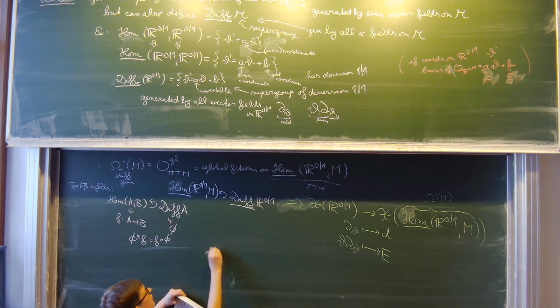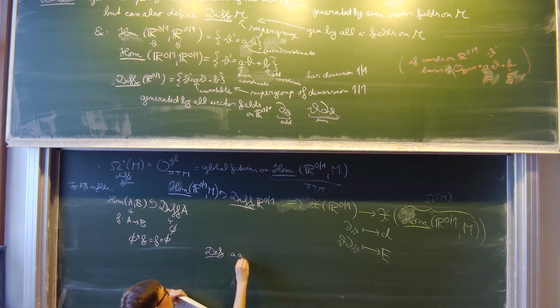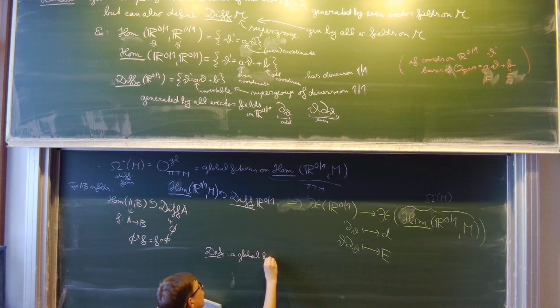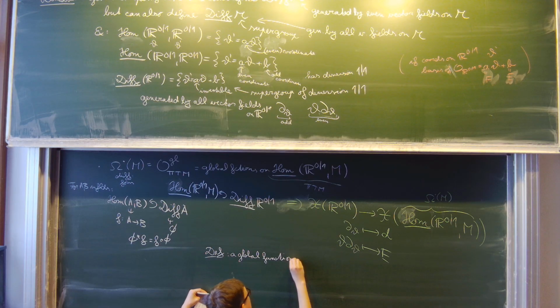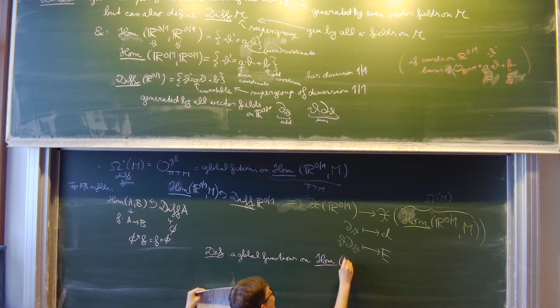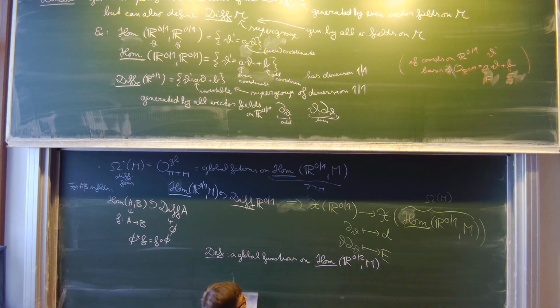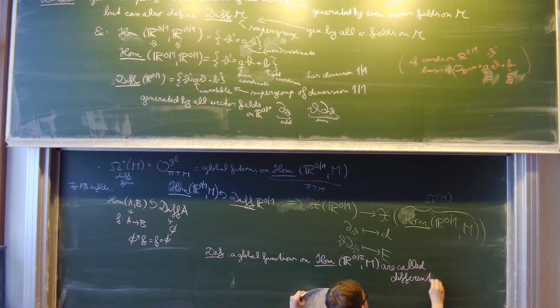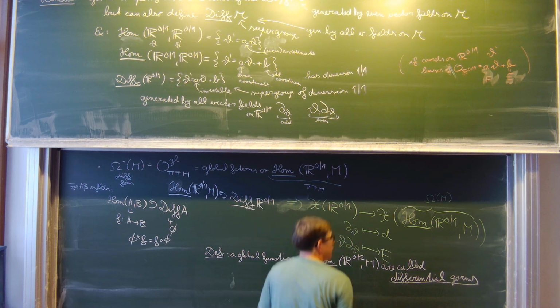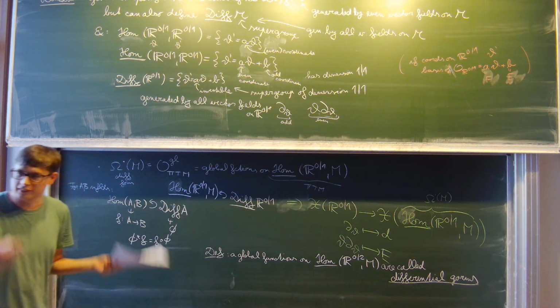There is a definition which says that global functions on, if you generalize this slightly, let's say you take 2, some sort of space, these are called differential forms, moving in the alphabet.